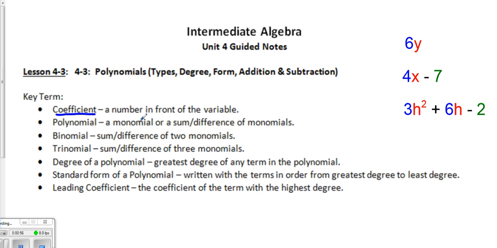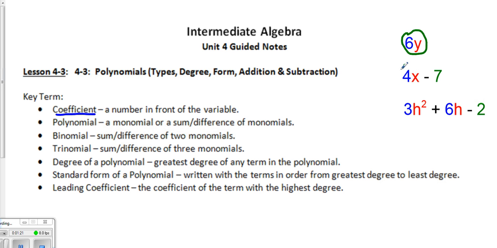A polynomial is a monomial or a sum/difference of monomials. So anytime you basically have an expression. So just this 6y, this is a polynomial. It's just one term, so it's a certain kind of polynomial. It's a monomial. This is a polynomial, this expression, 4x minus 7. And how do we know that?